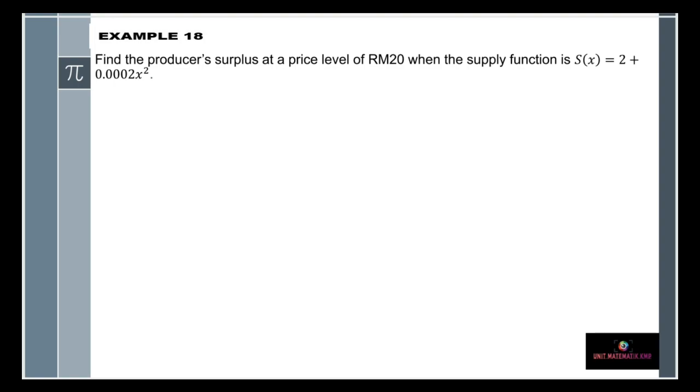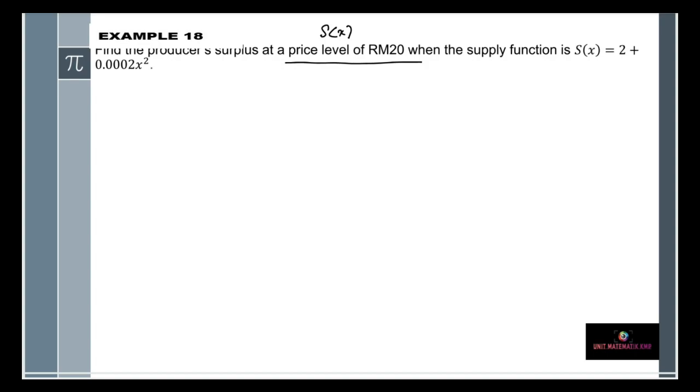Find the producer's surplus at the price level of 20. So this one is our Sx, and the supply function is Sx equals 2 plus 0.0002x squared. So this one basically you have to solve.